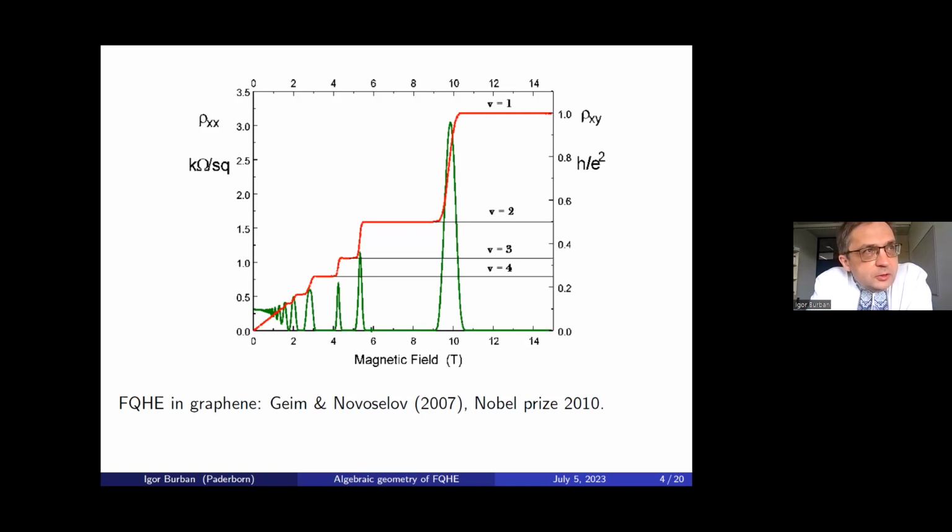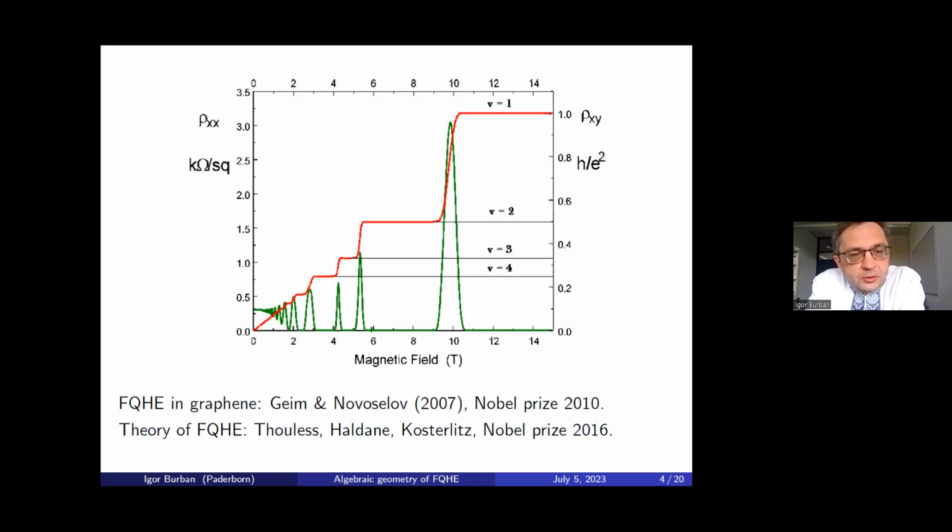The most recent Nobel Prize for theoretical work was awarded in 2016 to Thouless, Haldane, and Kosterlitz, not only for the fractional Hall effect, but for the transfer of ideas of topology to condensed matter physics. It is yet one more Nobel Prize for this research. Of course, there are many scholars who got also other important awards.